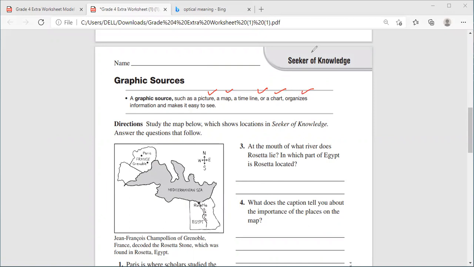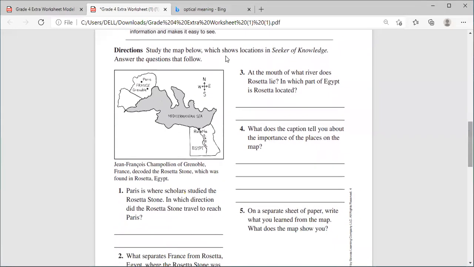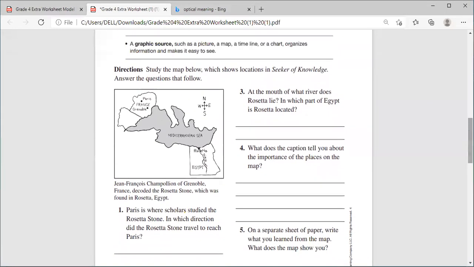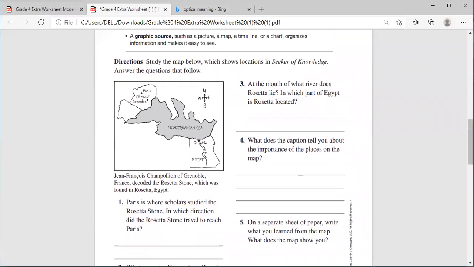So it's not a paragraph; it will simply be a picture, a map, or a timeline as mentioned. Well, this is an example that could help you in the test, and the answers will be sent along with the video and this recording. So don't worry, pay attention to the explanation and you will be able to understand it.